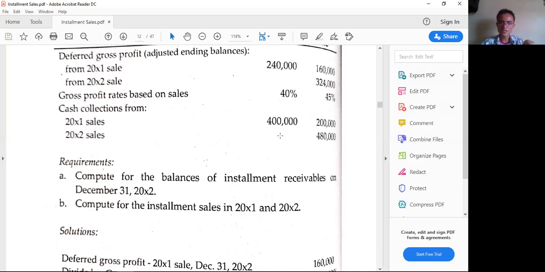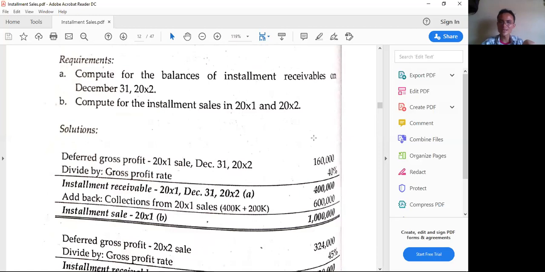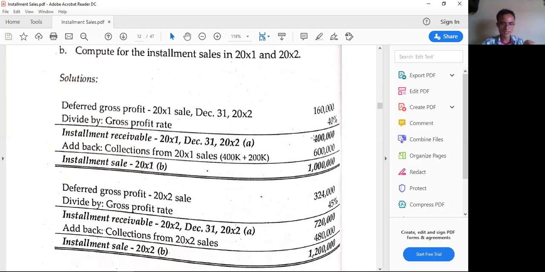You can notice it's zero here because this is 20x2. So for sure, the collections in 20x2 will be in that year and after. That's why for 20x1, if you're asked in 20x2, we have to go back to 20x1, since this collection is in 20x2 and there were collections prior to that. So we have to go back in time if we have previous year's installment sales.